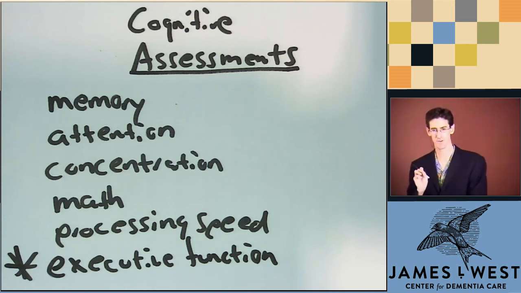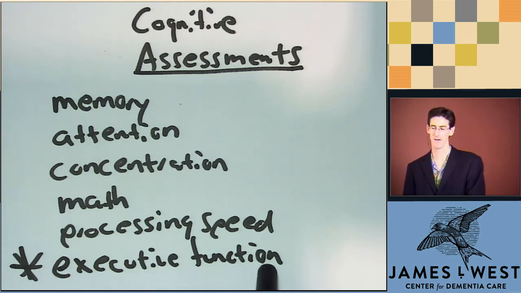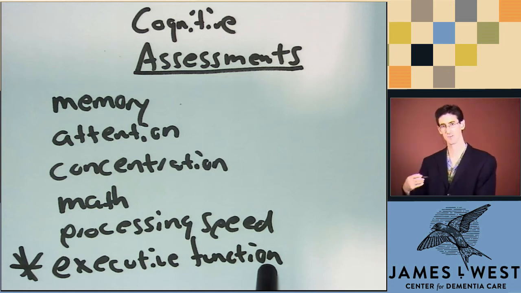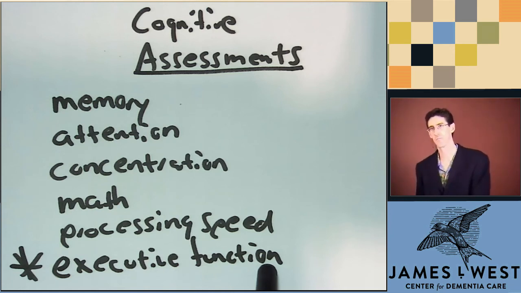So memory predicts decisional capacity in people with Alzheimer's disease, but executive function consistently predicts decisional capacity in people with any cognitive disorder. It's not specific to just Alzheimer's disease. And so there's different methods that I'll use to test executive function.